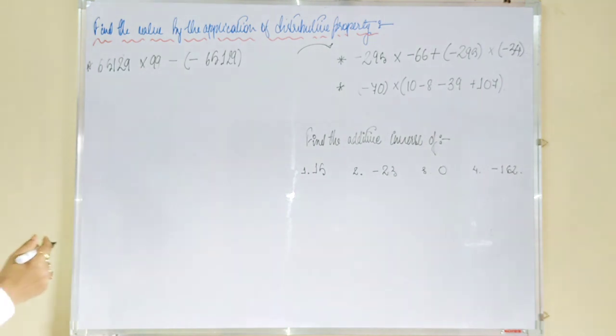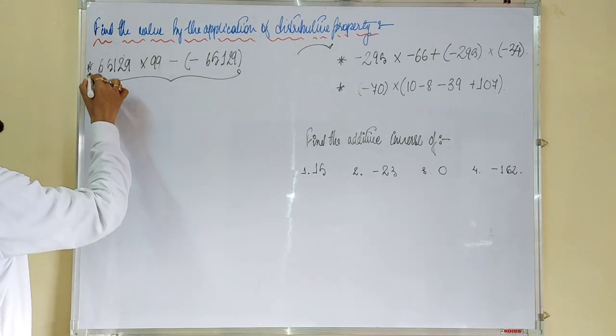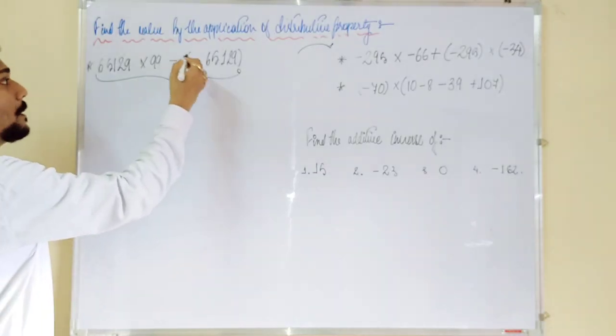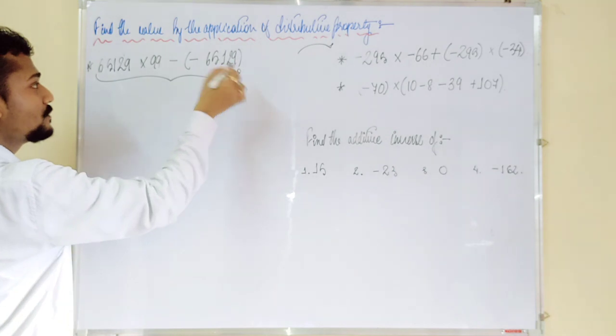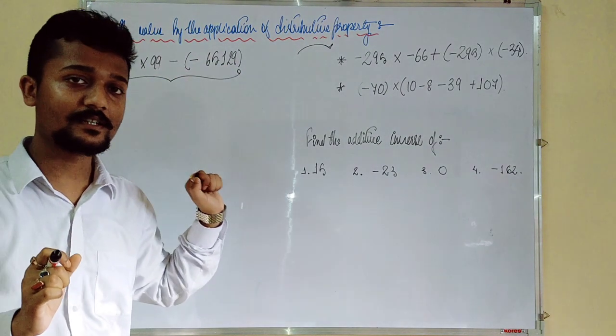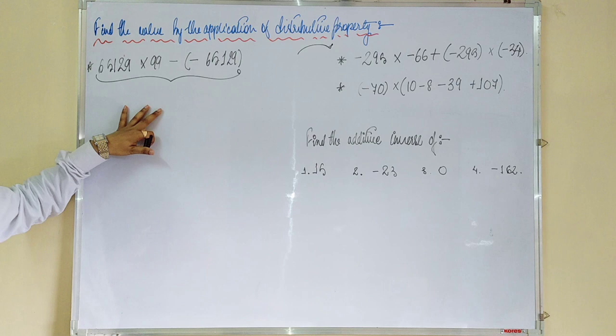So what is the question given? This one, see carefully. 65,129 into 99 minus 65,129. This particular question looks very difficult and hard to understand, isn't it?